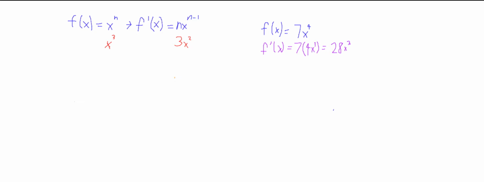You can also use the power rule on polynomial functions too. So if f of x equals x squared minus 6x plus 9, we're going to find the derivative of the function. We can use the power rule since this is a polynomial function.